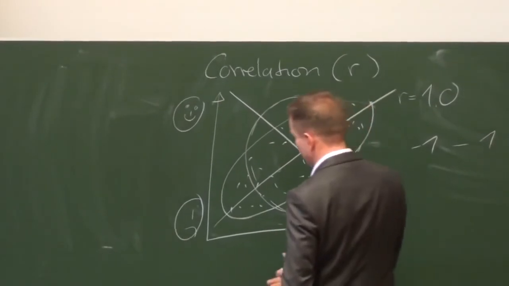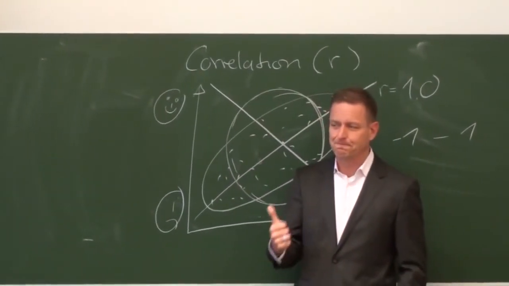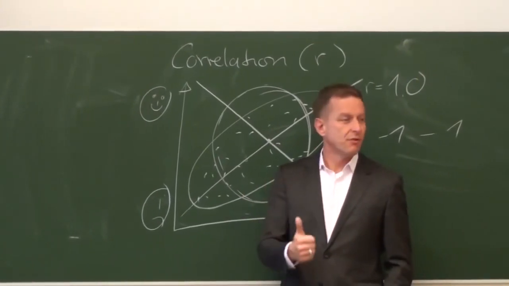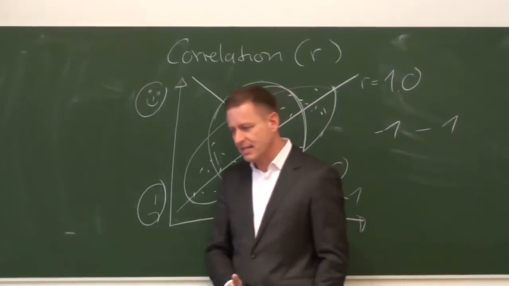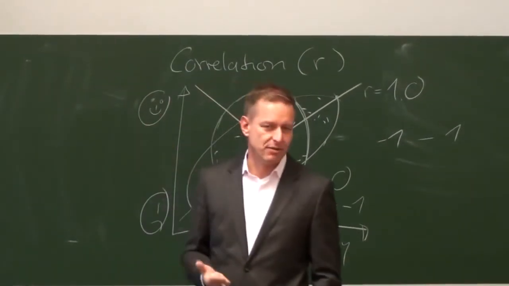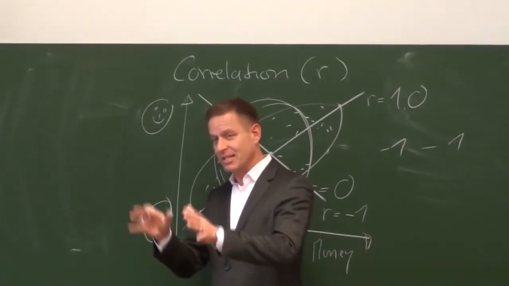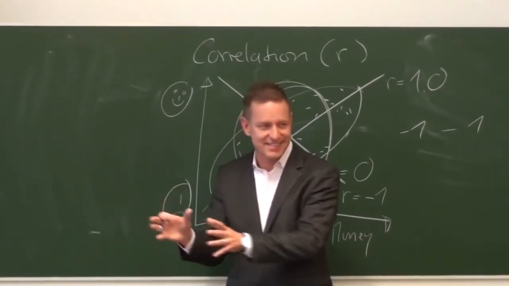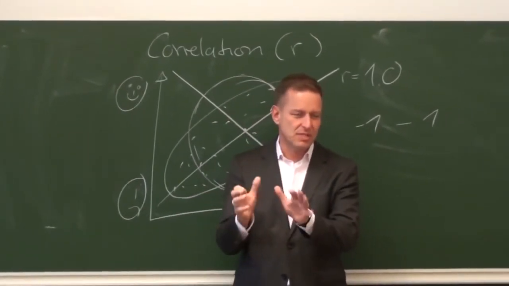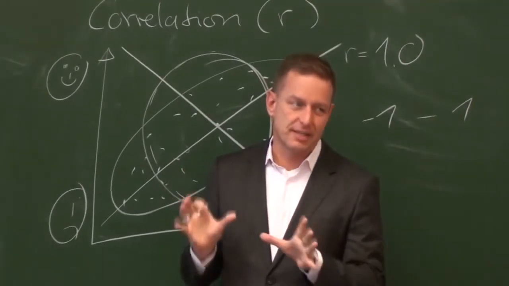Okay, that's correlation. You might ask me, how can we calculate this? Of course, there's a formula, but I couldn't tell you this formula by heart, and don't tell the statistics professor. But in my eyes, in your future, you must not really understand how to calculate this, but you must be able to interpret a correlation.